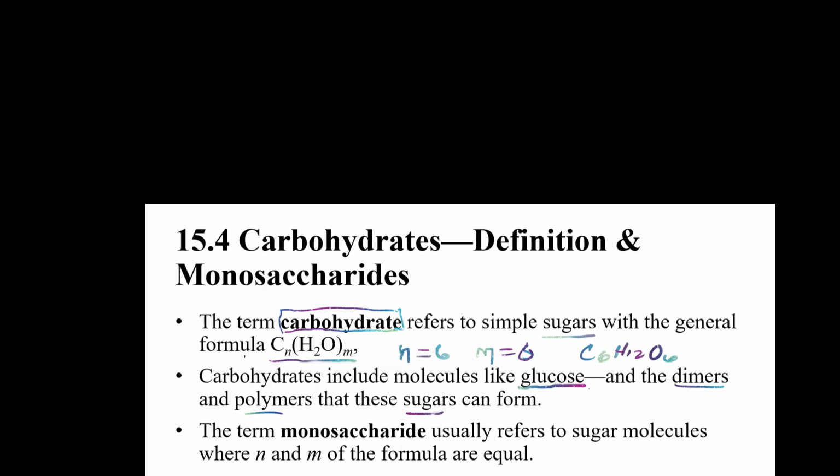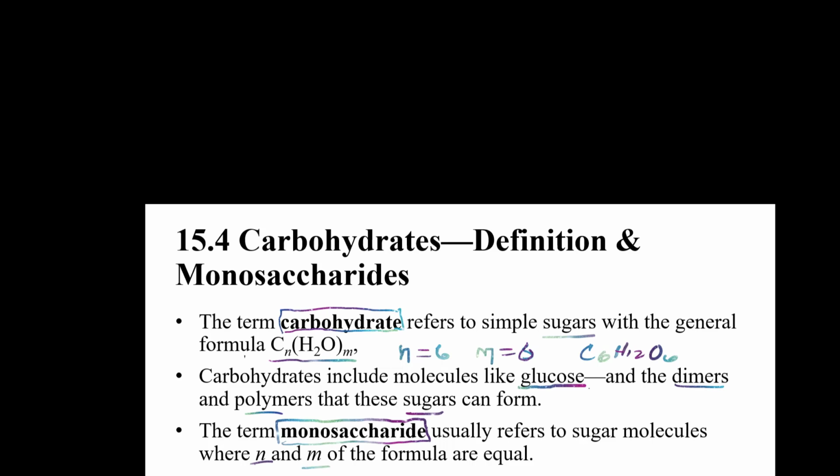So the first term after carbohydrates that you need to understand is monosaccharide. What does monosaccharide mean? Monosaccharide means one unit of that sugar molecule, and N and M in the formula are equal.